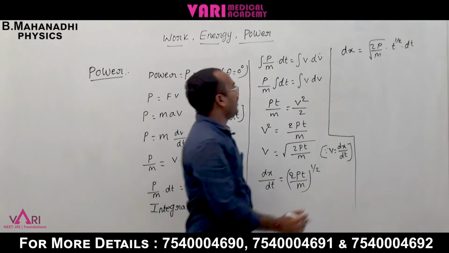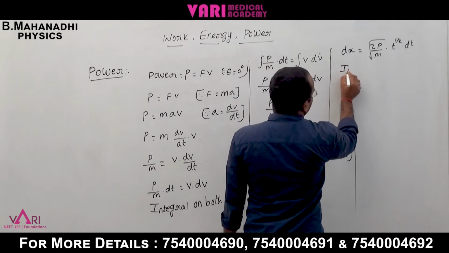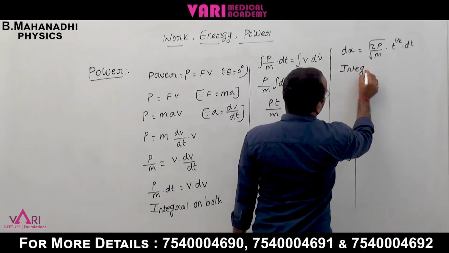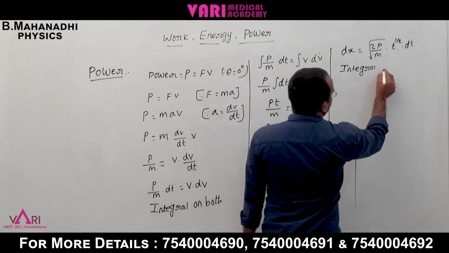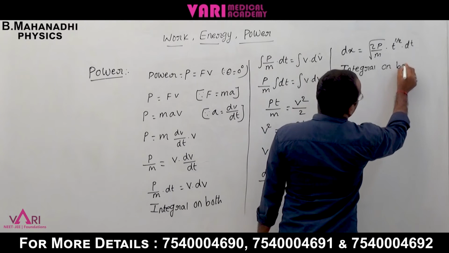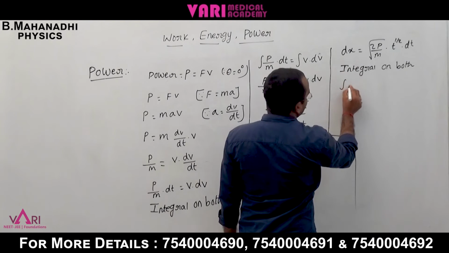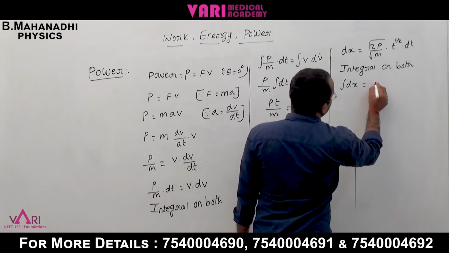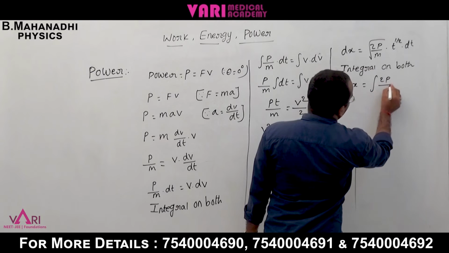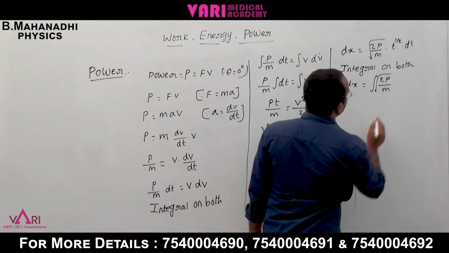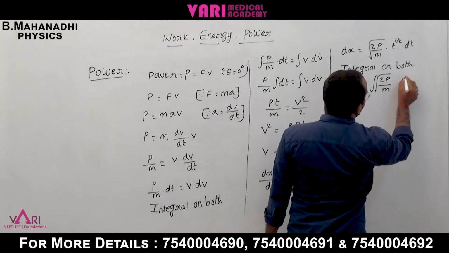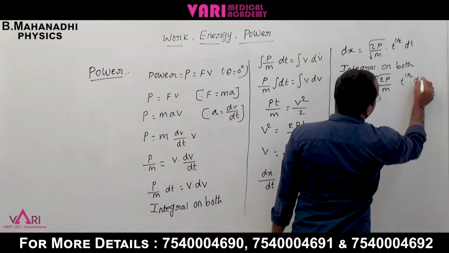Now integrate on both sides. Integral of dx is equal to integral of root of 2p by m into t power 1 by 2 into dt.